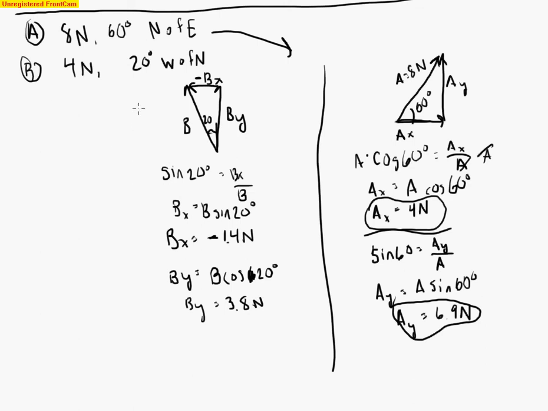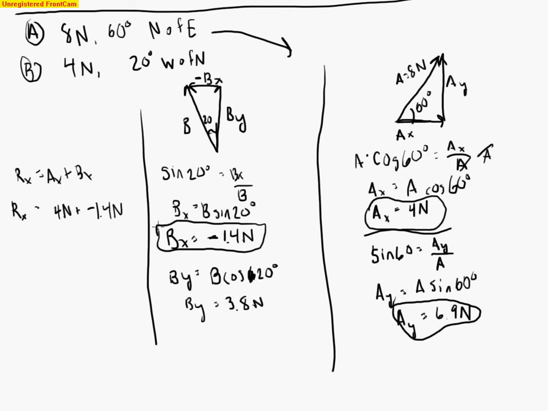So then to put our triangle together to make our resultant, we just need to add AX plus BX to get RX. So RX equals AX plus BX. That means it equals 4 newtons plus negative 1.4 newtons because our BX was negative. So RX is 2.6 newtons.